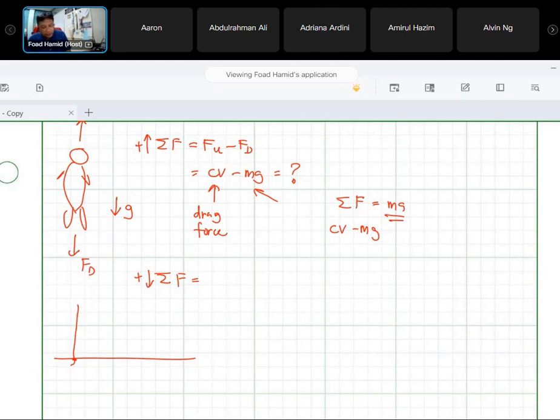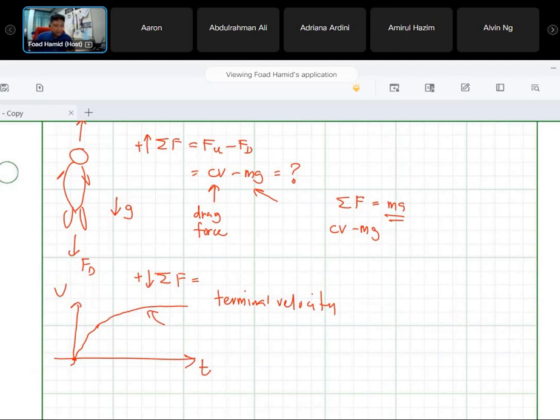Once you step out of the airplane, your velocity will go very fast, and then it will slow down and basically become a constant. So this is what we call the terminal velocity. This is time, this is your velocity. So what we want to do is to find what is this velocity.